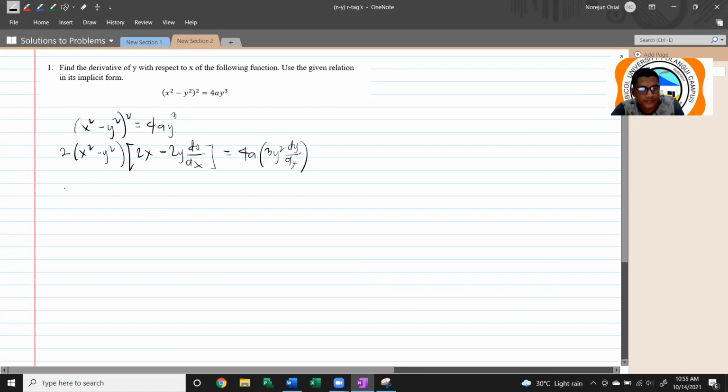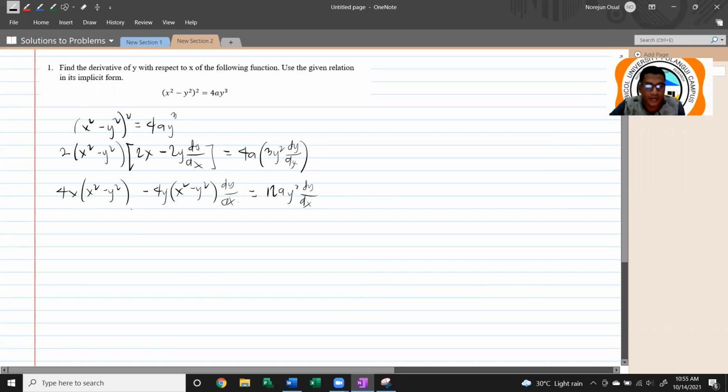Let's distribute and simplify. We have 4x times x squared minus y squared, minus 4y times x squared minus y squared times dy over dx, equals 12ay squared times the derivative of y with respect to x.